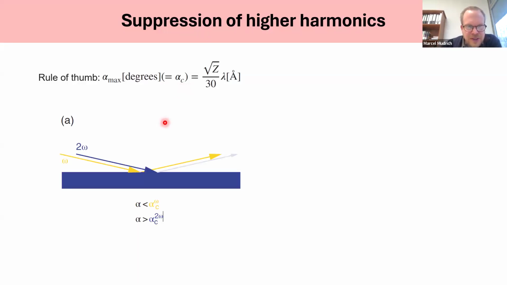So for example for omega, the fundamental frequency, the incident angle is smaller than the critical angle, and we have total external reflection. But for the second harmonic, because the critical angle depends on the frequency, the critical angle will be smaller than the incident angle alpha, and the reflection would be suppressed.